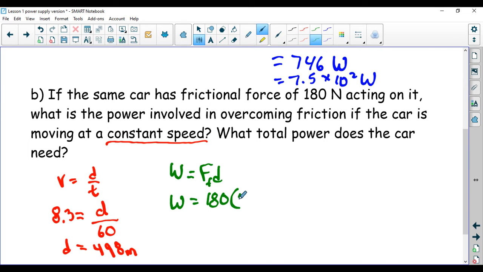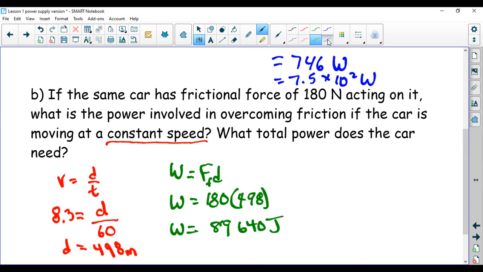I now know how much distance we went. So I can then find the work done to overcome friction. So multiply by my 180. And I now know to overcome friction, I needed 89,640 joules, because work is in the same units as energy.